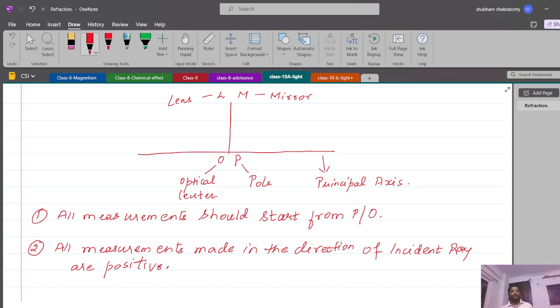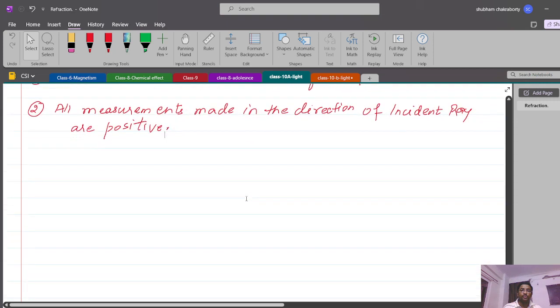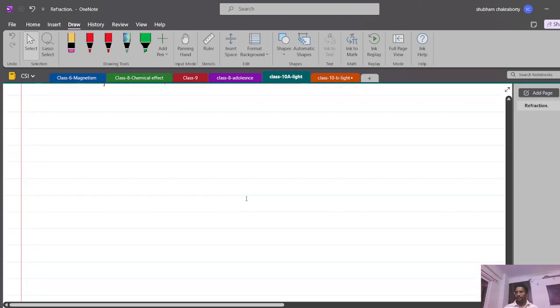And that's it. These are the only two rules you have to remember. Now let us see how these two rules are applicable. Let's take some examples and try to see how these two rules are applicable.